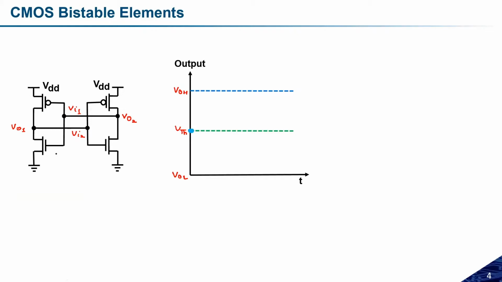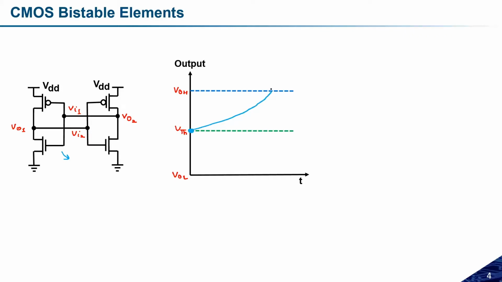Left side means the input of inverter 1 is moving towards the logic 0 side. If it is moving towards the logic 0 side, the output will start moving towards the higher side, the VOH side. So the behavior of this inverter will start moving like this. It will not be linear, but it will be something like this.